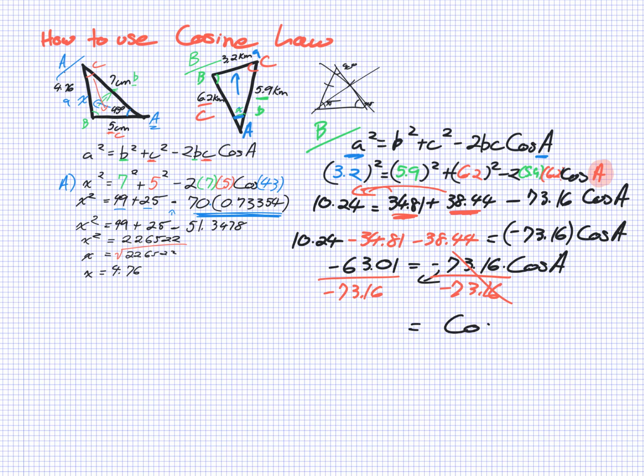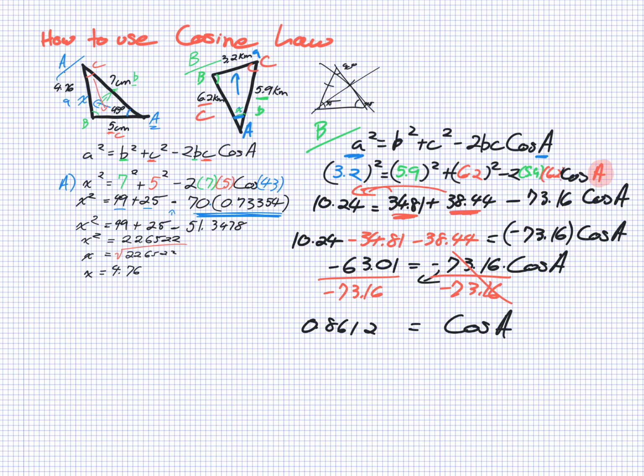So we end up with cos A equal to that divided by 73.16. It's a negative divided by a negative, so it's going to be positive. And because the top number is a little smaller than the bottom number, it's going to be a number less than 1. So we get 0.8612 approximately.